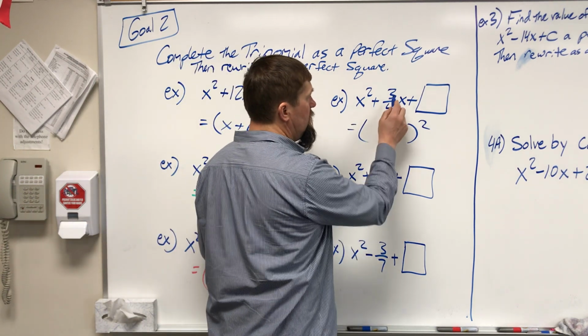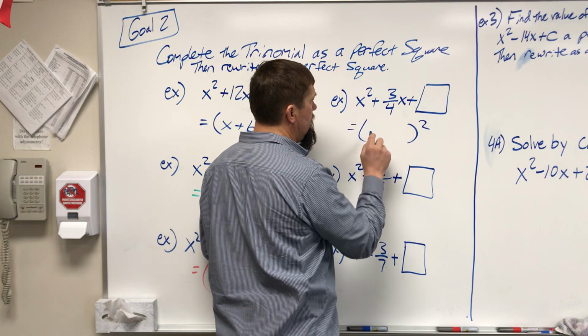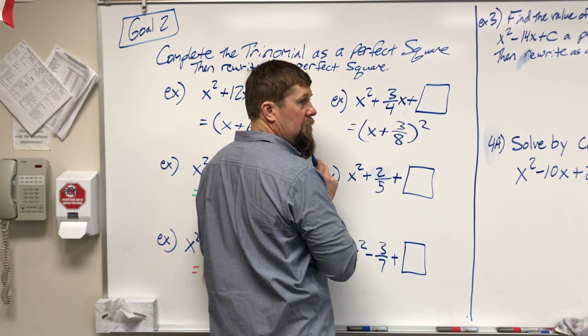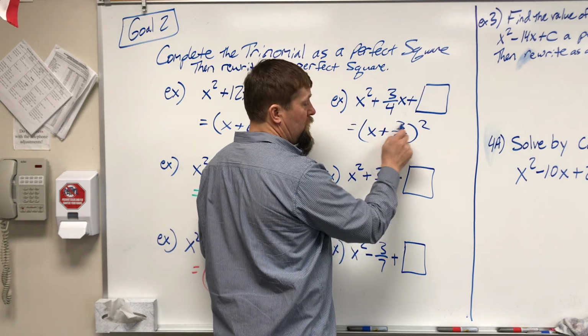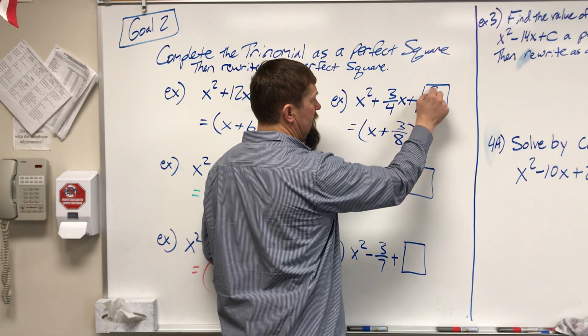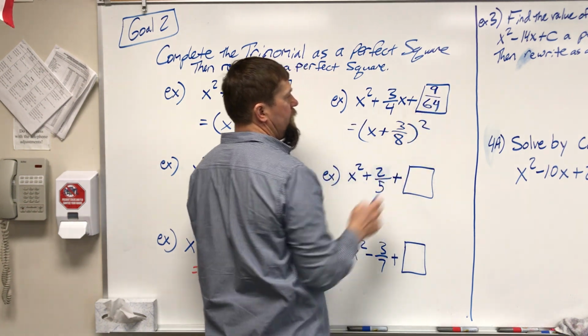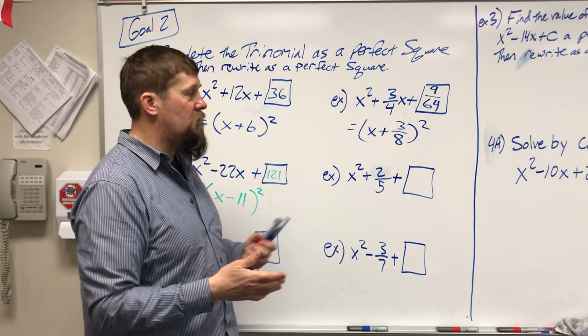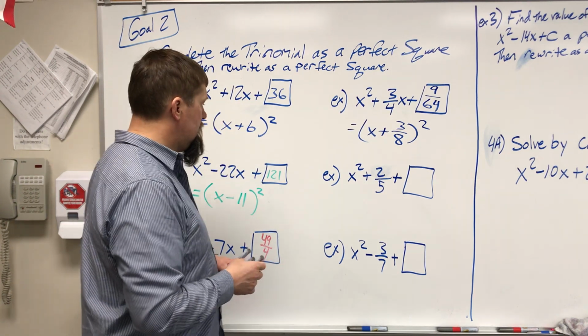In this case, since the numerator is odd, we're going to double the denominator, so x plus 3/8. 3/8 is half of 3/4. Square that, we get 9/64. Okay, so that's completing the square. Very simple, very easy if you know how to do this. Okay, so you need to practice.